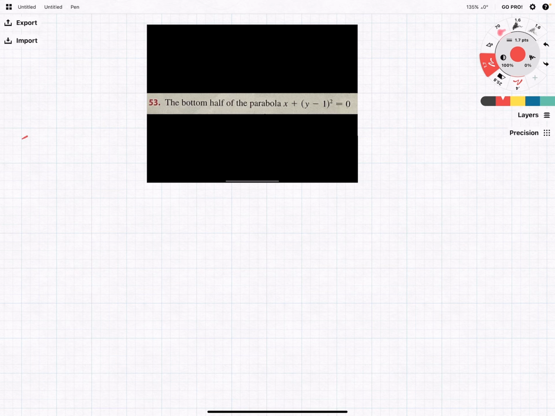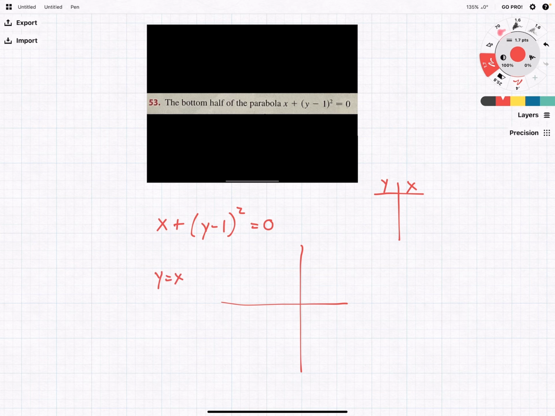We have x plus (y minus 1) squared equals 0, and our input variable is going to be y with our output being x. So it's flipped. In a standard parabola, y equals x squared, you would see something like this. However, with the form x equals y squared, it's going to be a different type of parabola. It's going to look like this.